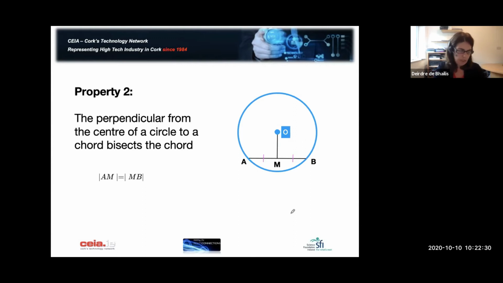Where that can be quite useful is that you may be looking for a particular point, and you might see that what you have here, because it is the perpendicular, again you'll have a right-angled triangle there, and Pythagoras could come into play again to help find the length of sides here, or the length of the radius for that circle.